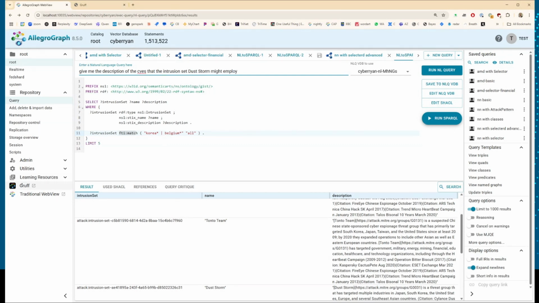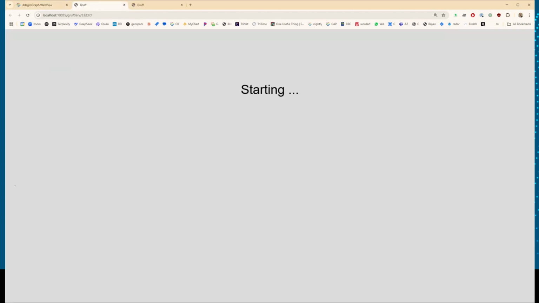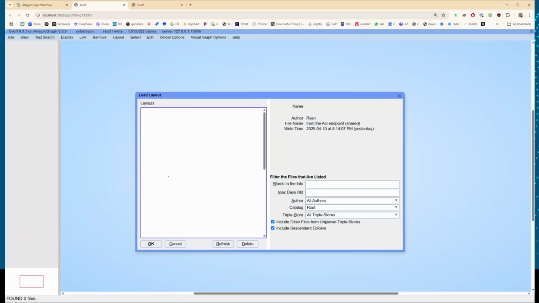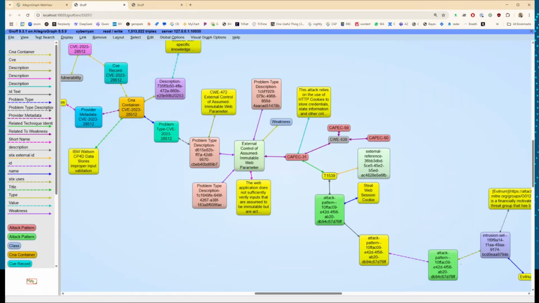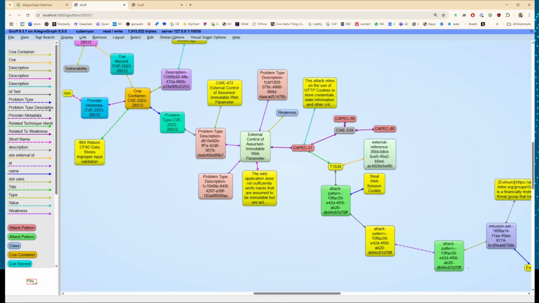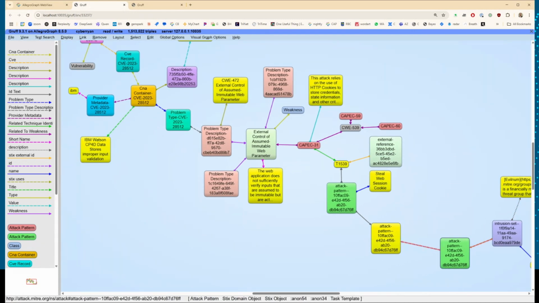So I wanted to remind you guys that this is going to be a very complicated query. Let's take the depiction that Ryan created, where we go from an intrusion set to an attack pattern that looks like the one from GIST, which then links to KPAC, which links to a weakness, which then links to a problem type in a container, and then this container actually has a description here.